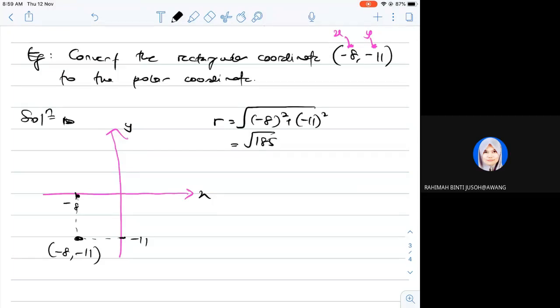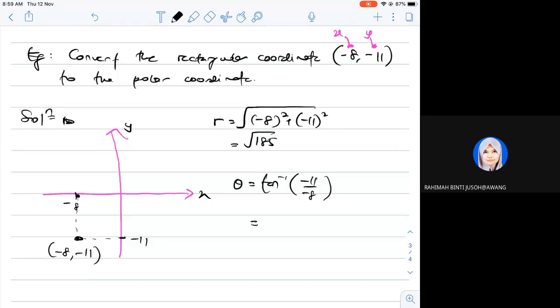Okay, and then we need to find the theta. Okay, guys, for this, arctangent of -11 over -8, it is better for you to use degree mode. Okay, use degree mode. What's the answer?